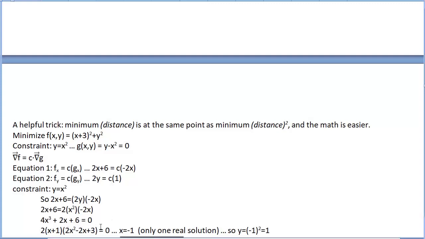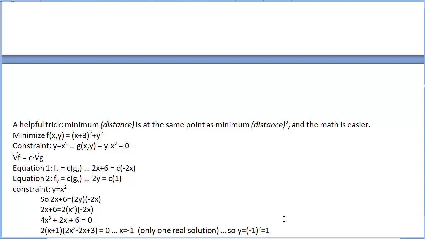And using the quadratic formula quickly tells you that that quadratic does not factor with real numbers, so the only real solution is x equals -1. Plugging in, we get that y equals (-1) squared, so y equals 1.